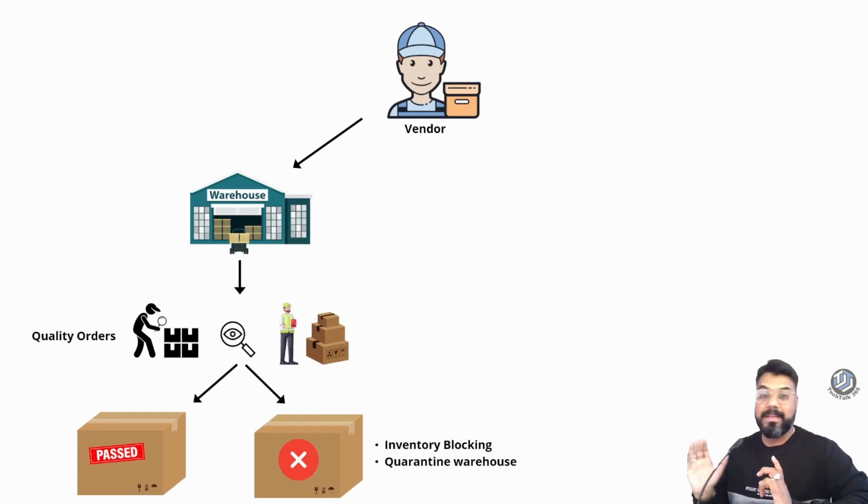If you want to do some corrective preventive action or any analysis, you do it all in your quarantine location. Once the conflict between the vendor and yourself is resolved, you probably move the stock back to the actual warehouse and then return it to the vendor, or based on the vendor's recommendation, you can even scrap it directly from the quarantine warehouse.